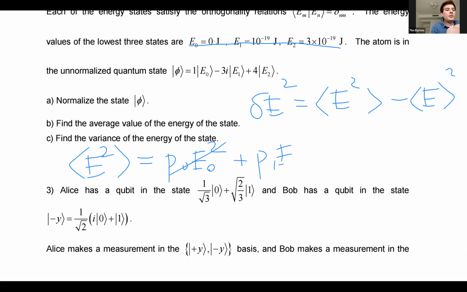Then P1 times E1 squared and P2 times E2 squared. This thing actually has dimensions of joules squared, because it's a variance of the energy. So you should get a number that's something like 10 to the minus 38, because that's the order of magnitude of this thing, 10 to the minus 38 joules squared.